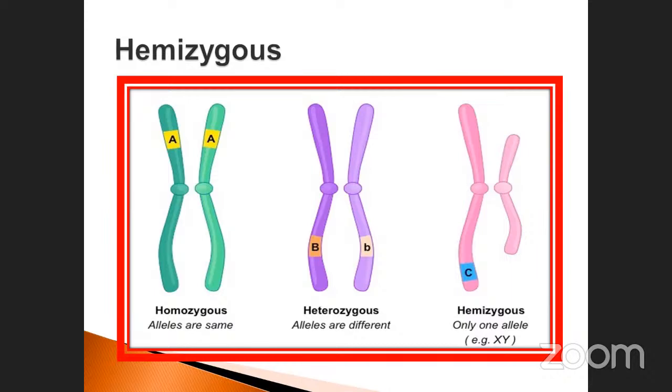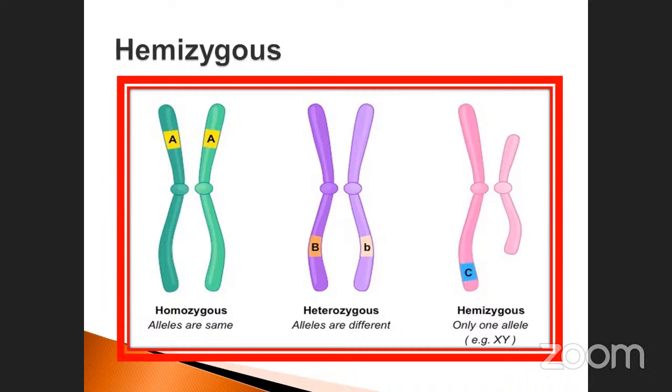That's why the male gamete is called what? Only one Y is present in it, isn't it? This is called hemizygous. Compared to the others, in the female both are XX, so it is called the homozygous condition. Is hemizygous also heterozygous?